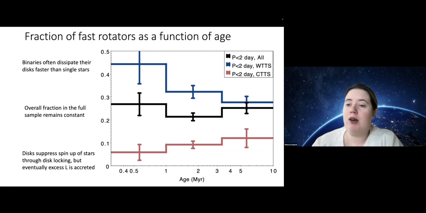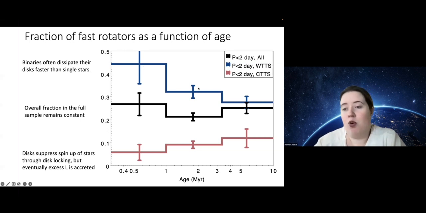But if we were to specifically look at the stars without disks, then rapid rotators tend to lose their disks the earliest. So almost half of the stars that would lose disks at these ages would be rapid rotators. And if we do assume that these stars are binaries, that kind of makes sense, because wide binaries tend to disperse their disks at faster rates than single stars do because of the dynamical interactions.